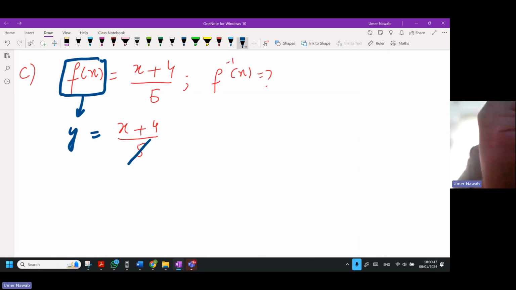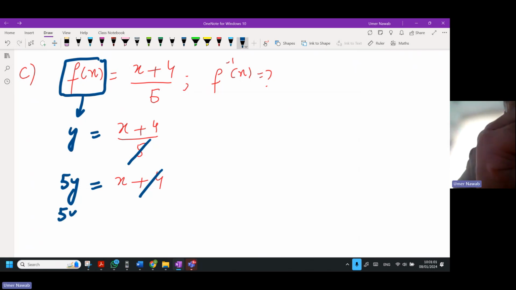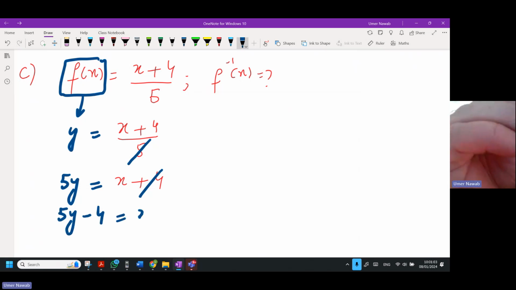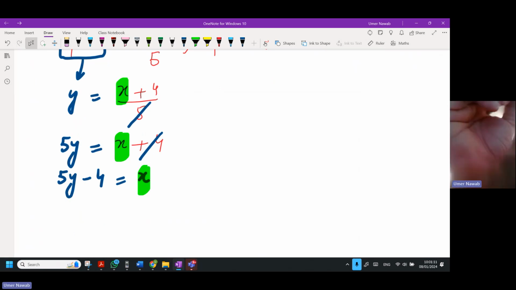Now 5 goes to the other side, becomes 5y equals x plus 4. Plus 4 goes to the other side, and you write 5y minus 4 is equal to x. What was my target? I wanted to make x alone, and finally I have made x alone.